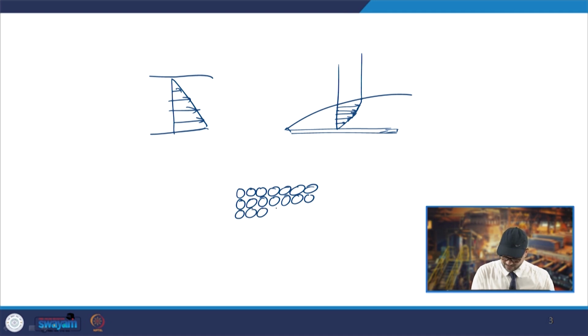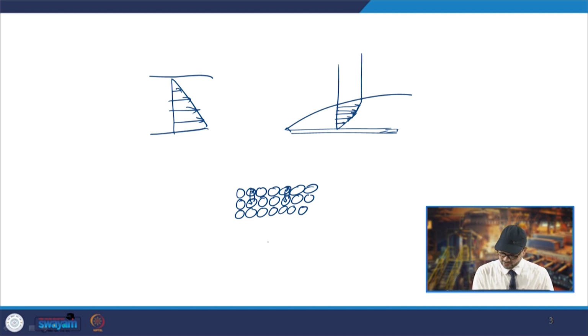This way you have layers of molecules, and the momentum transport will use this mechanism. This is because of the viscous property, so that is why it is viscous momentum transport.